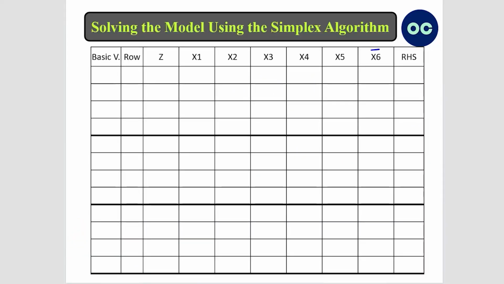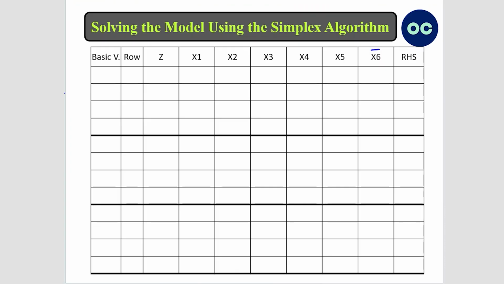This is the Simplex table. The basic variable column tracks the chosen variable. Row 0 is for the objective function, and rows 1, 2 and 3 are for the constraints. The columns hold the coefficients of the variables in the equations and objective function, and the right-hand side is in the last column.